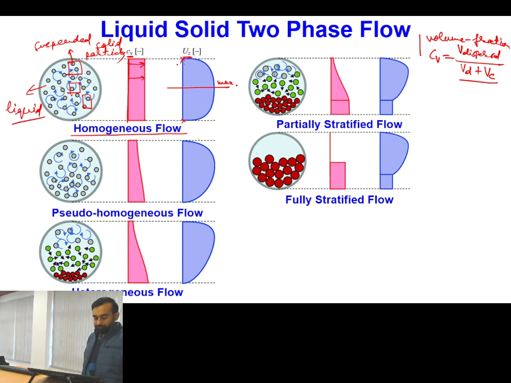Now if I make some changes in the flow, what changes can I make? Either I increase the size of the particles, or, keeping the same size of particles, I slightly decrease the velocity. Then what will happen?